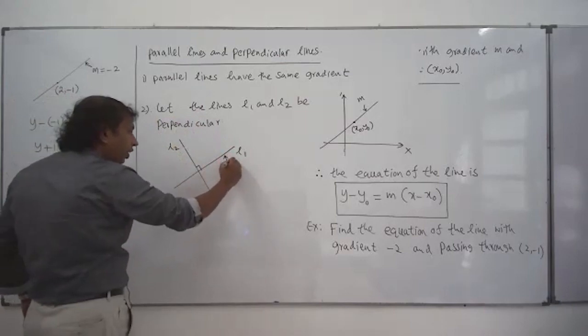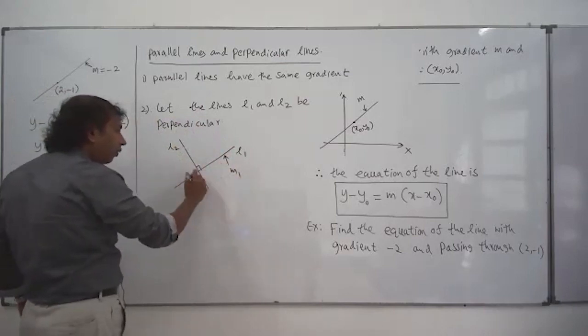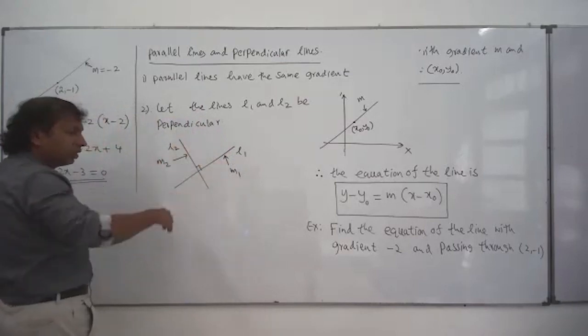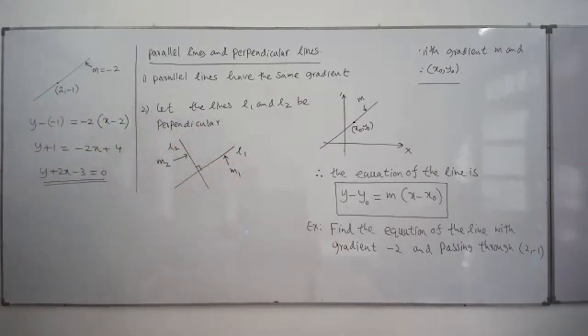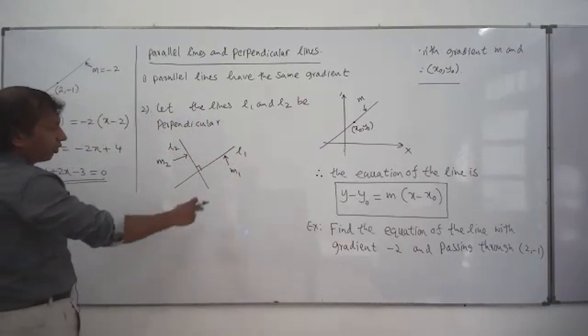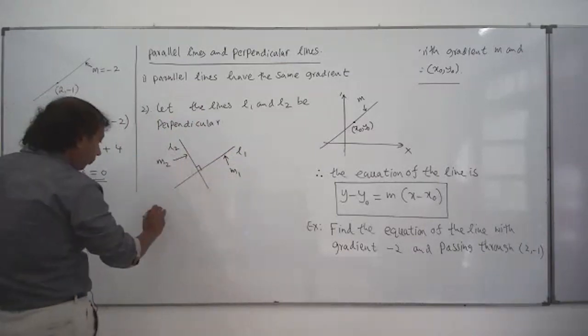Suppose the gradient of this as M1, gradient of this line as M2. I am not going to draw these lines in the OXY Cartesian coordinate plane. Then the gradient of this is M1, that of M2.